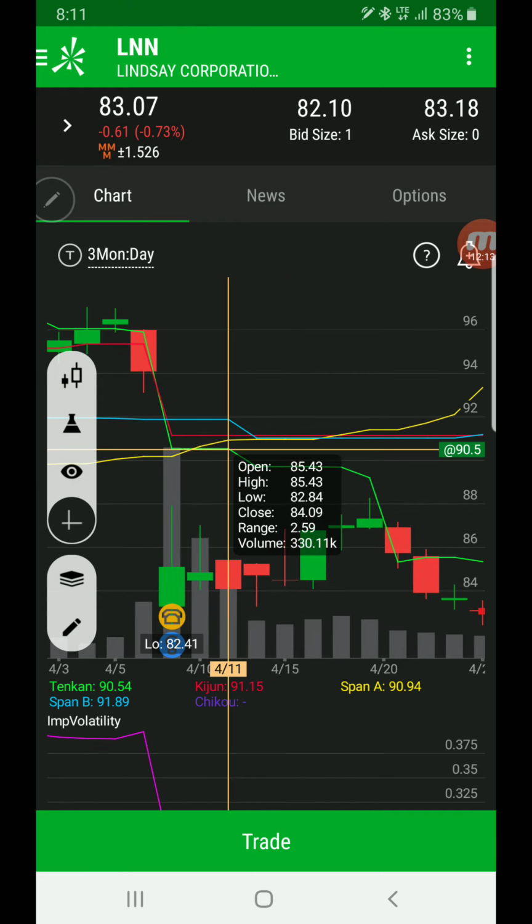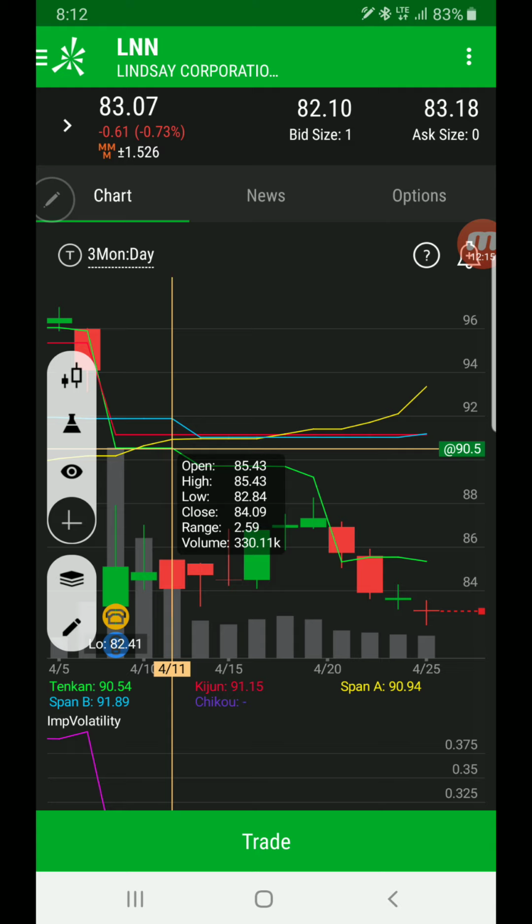And it is showing in the short term moderately, well, right now bullish or bearish. It's trading below the tenkan, and it is a bullish span A but a bearish tenkan.